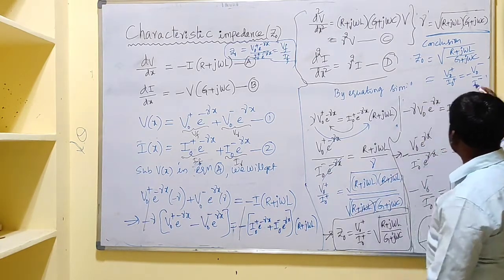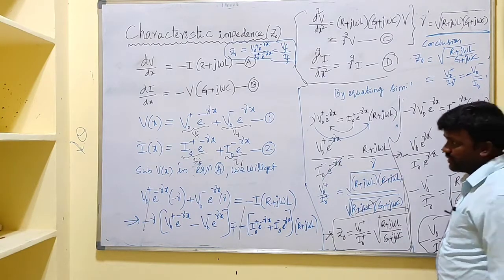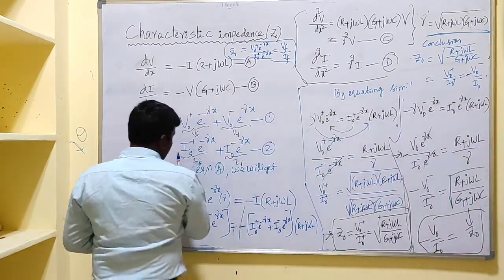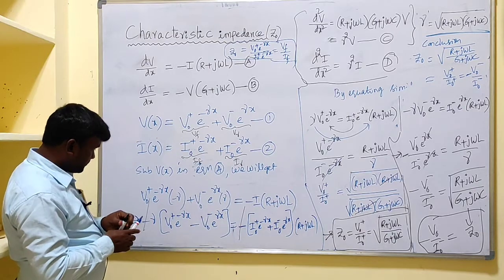For the reverse voltages, we need to take this negative sign. So that's why this equation can be written in terms of Z naught like this.